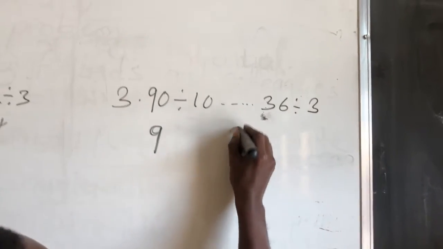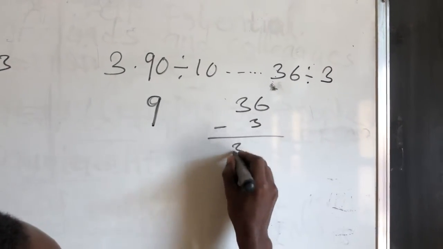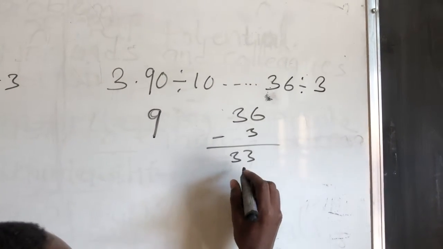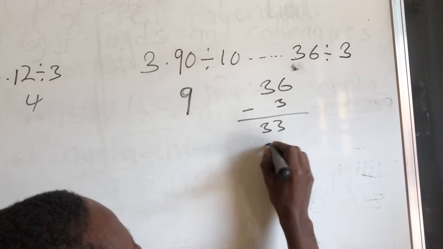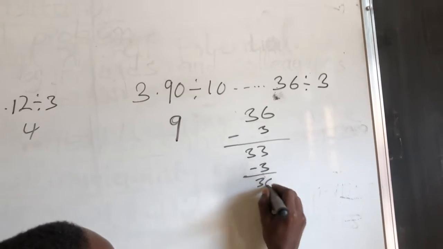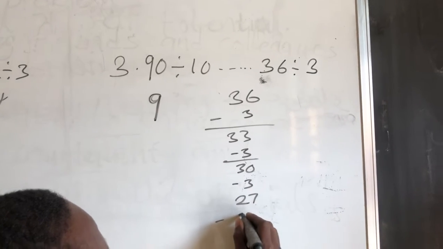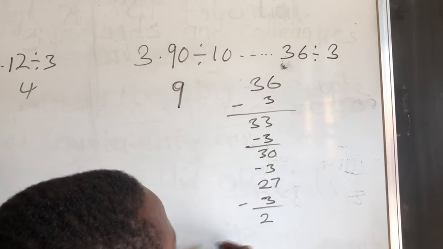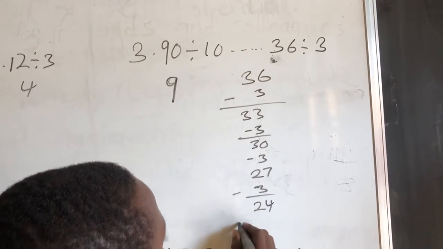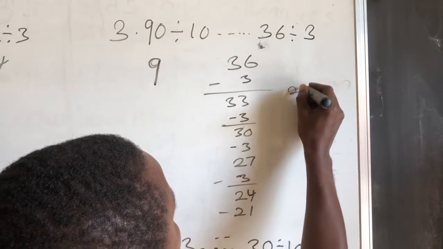36. So you have 36 minus 3, 33. Then we have minus 3 will give us 30. Minus 3, 27. Minus 3 will give us 24. Minus 3, 21.